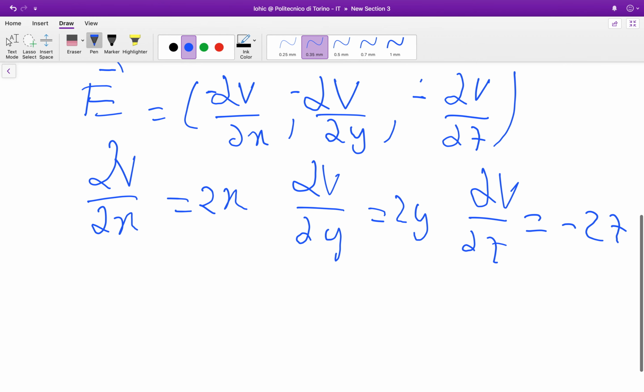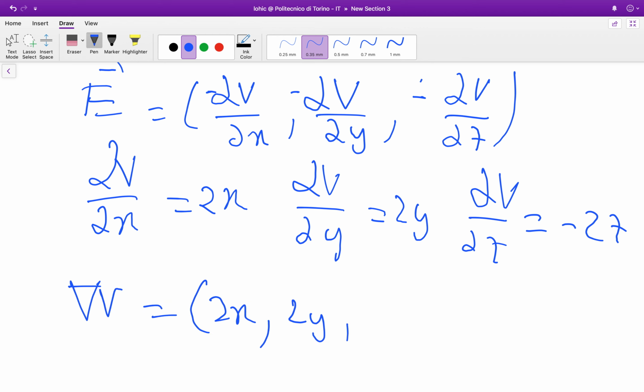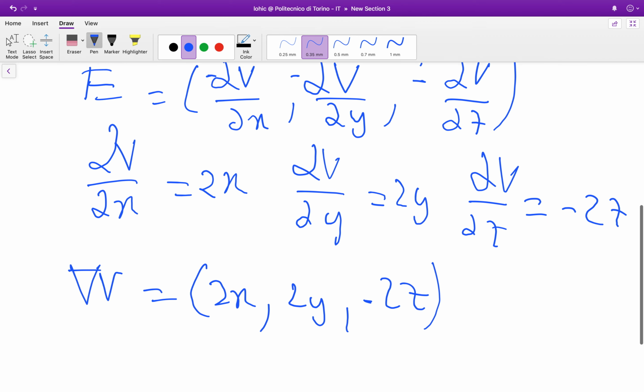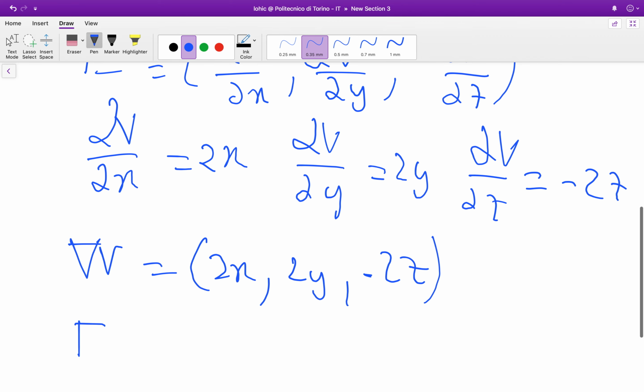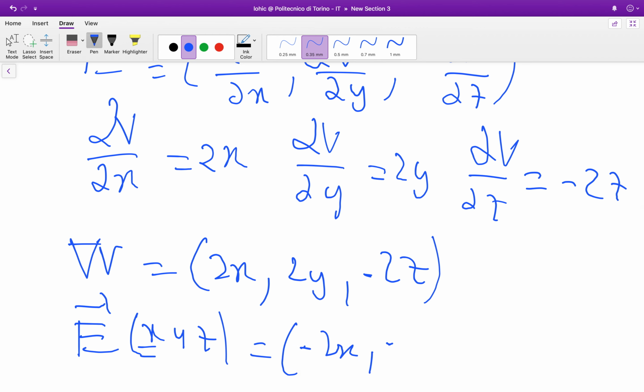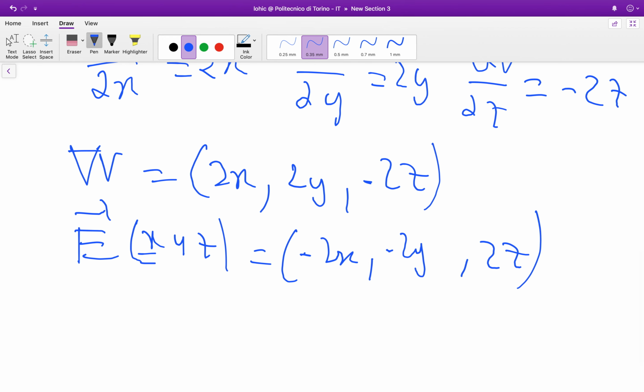And thus the gradient of V is 2x, 2y, minus 2z. And thus the field at any point x, y, z will be minus 2x, minus 2y, 2z. Is it clear? Okay, good.